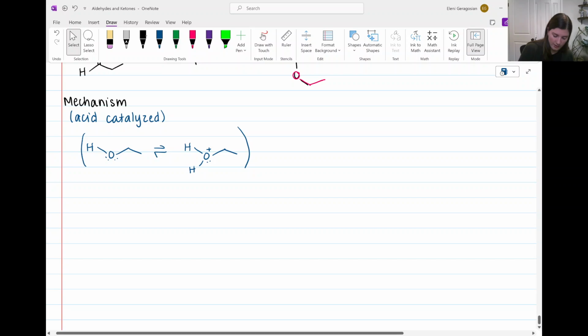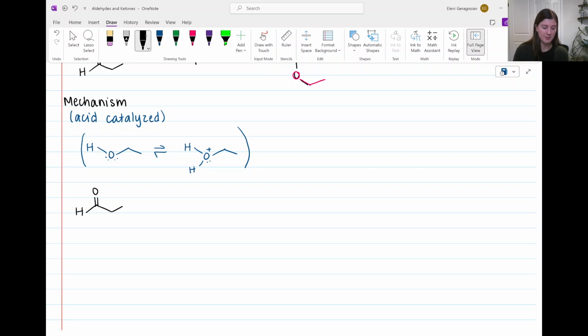So if we're starting with that aldehyde, propanol, in an acidic environment, the first step is the carbonyl oxygen getting protonated by that acidic alcohol molecule. Electrons from that oxygen get protonated, and the bond between oxygen and hydrogen will be owned by that oxygen now.